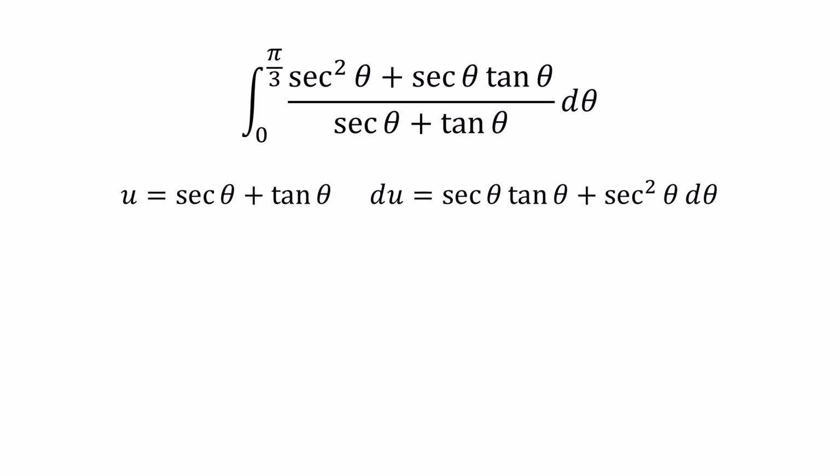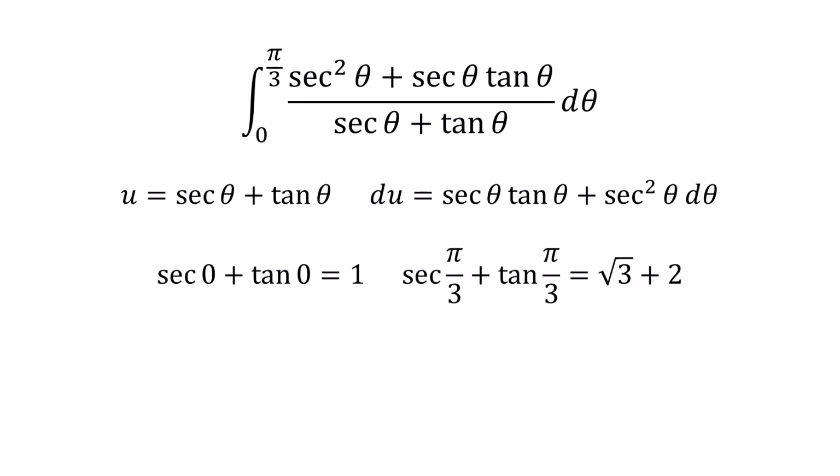Under the substitution, the new limits are secant of 0 plus tangent of 0 equals 1, and secant of pi over 3 plus tangent of pi over 3 equals root 3 plus 2.